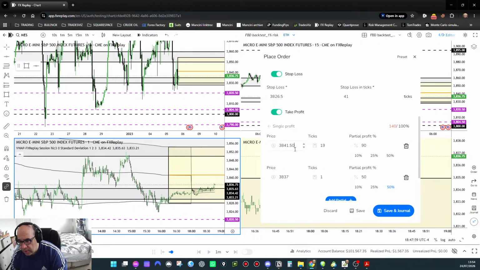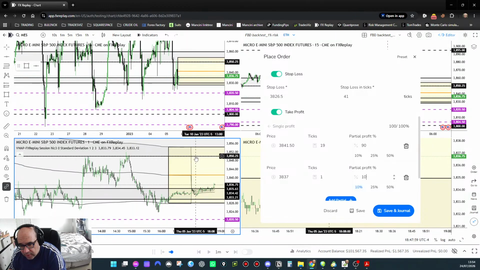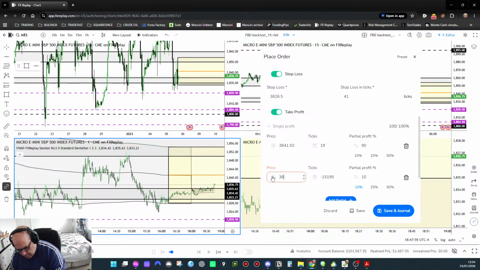That's the 90%, and then for the next 2%, I'm just gonna keep them running until we hit the 38.50. Just gonna run that, 38.50, and we're gonna leave 10% running.